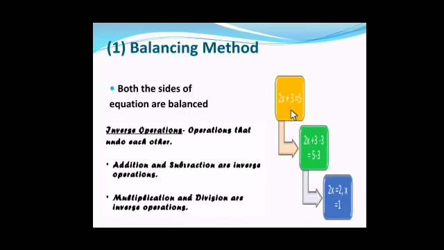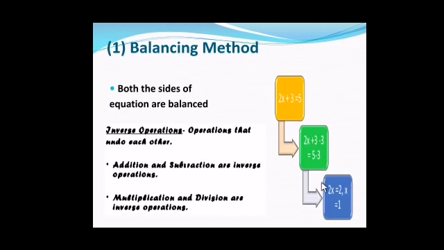Like in this example, 2x plus 3 equals 5. To balance both the sides, this is having plus 3. How to balance both sides? We have to perform minus 3 on the left side also, minus 3 on the right side also, to find its solution. Are you performing the same operations on both sides? Yes, means you are balancing it.